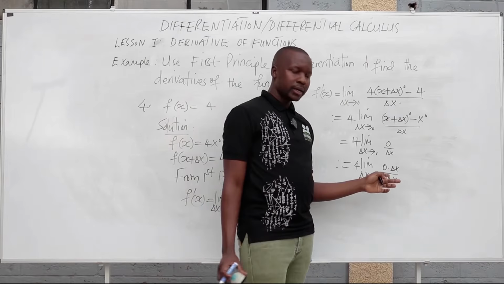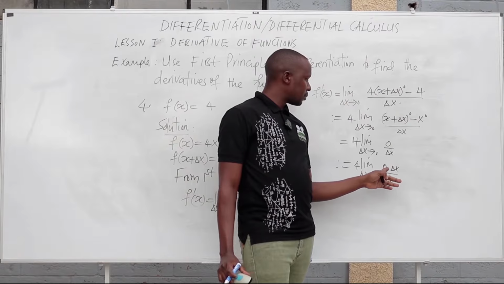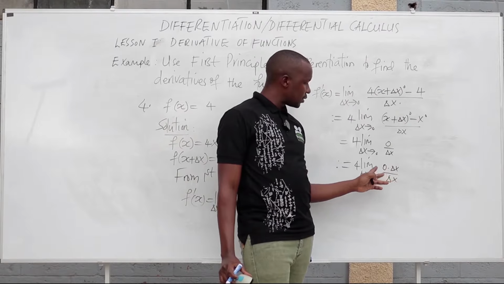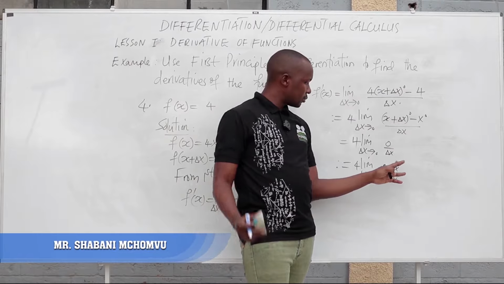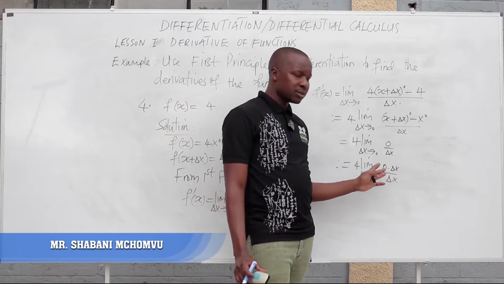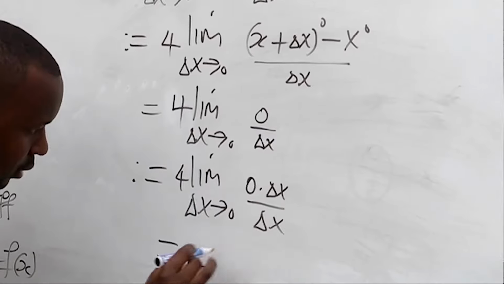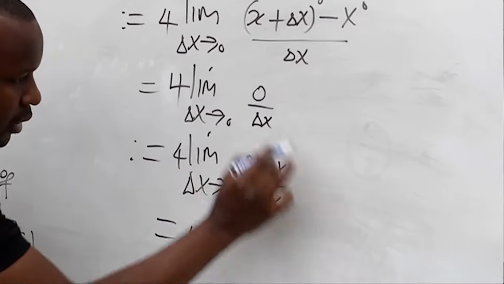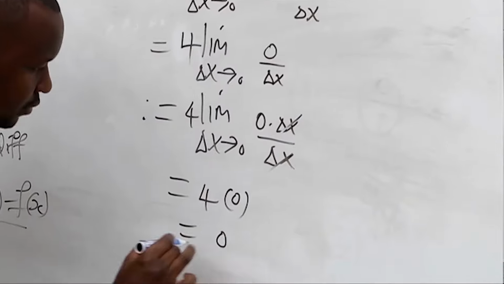Once simplifying, change in x and change in x will cancel out. Then we'll have 0. So the limit of a constant number 0 becomes 0, as we say, the limit of a constant is the constant. So here it becomes 4 times the value of this limit, which is 0. So at the end of the day, we'll have 0.